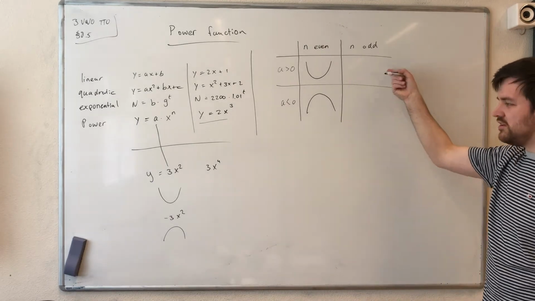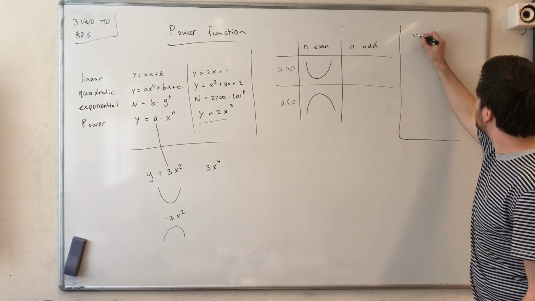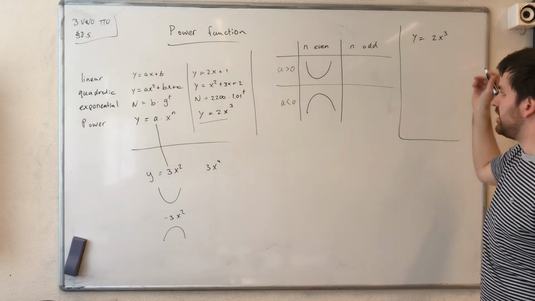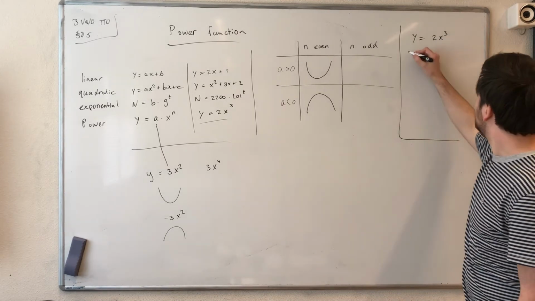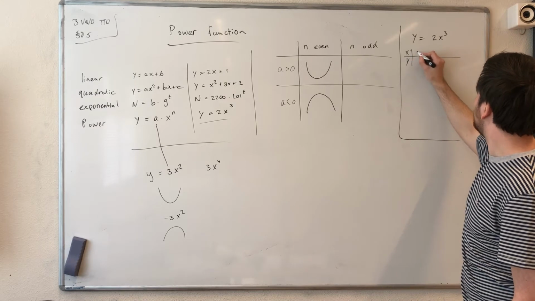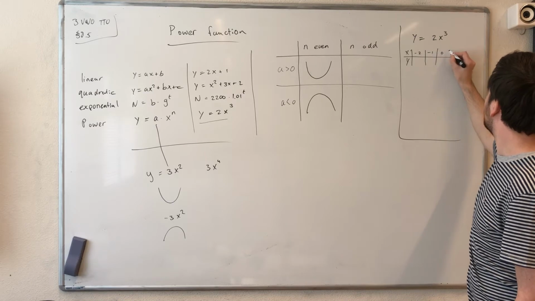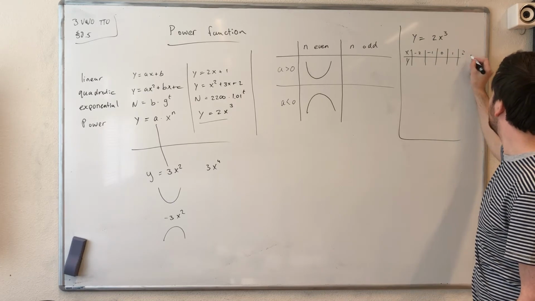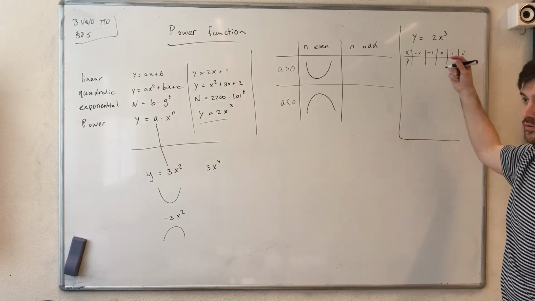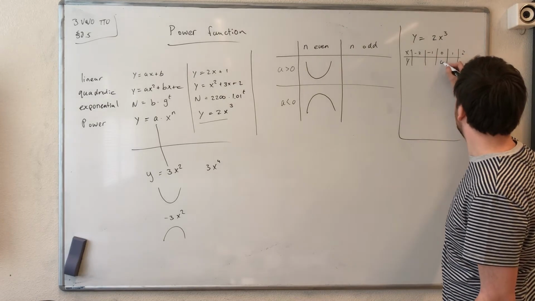So what happens if n is odd? Let's use y equals 2x to the power of 3 and let's make a small table. X and y, filling in minus 2, minus 1, 0, 1 and 2, just to get a basic idea. If we fill in 0 to the power of 3, 0 times 0 times 0 is 0, 2 times 0 is still 0.